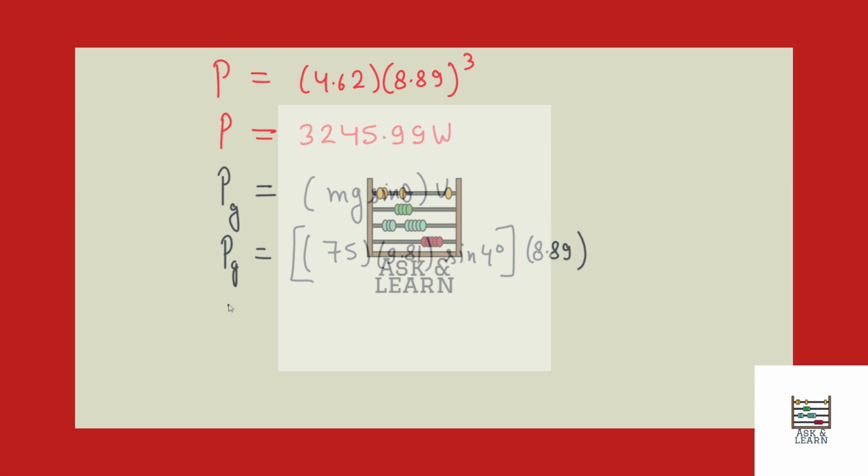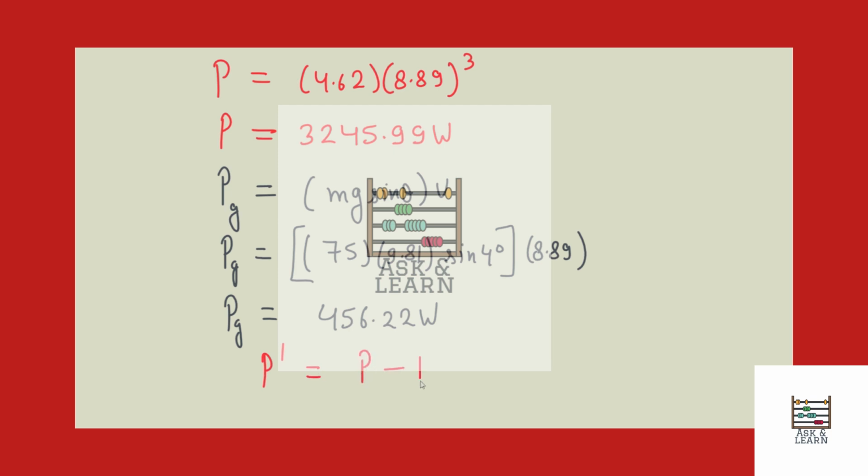So now on simplifying, we get P_g equals 456.22 watt.